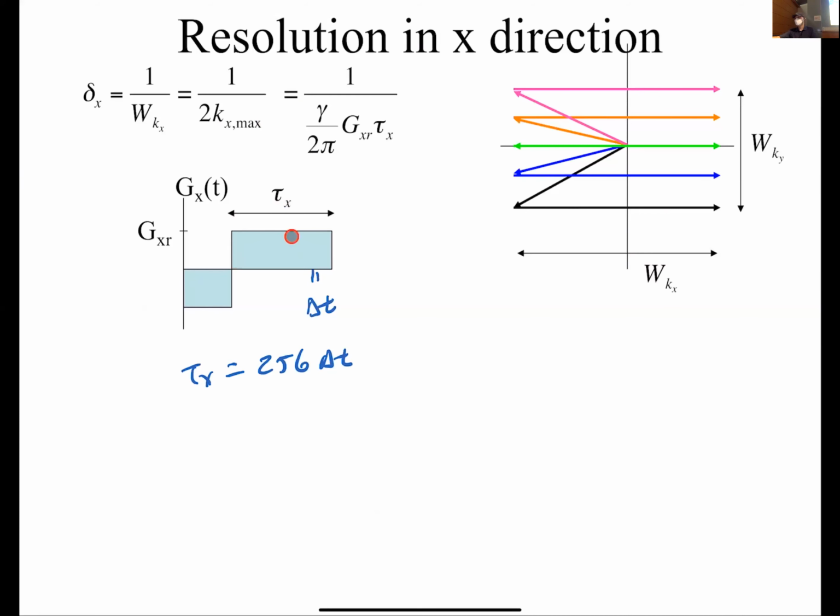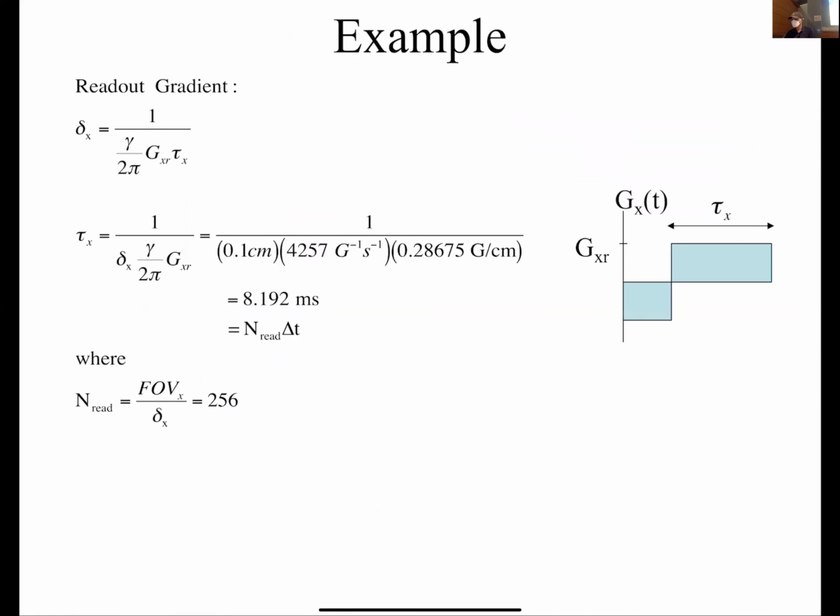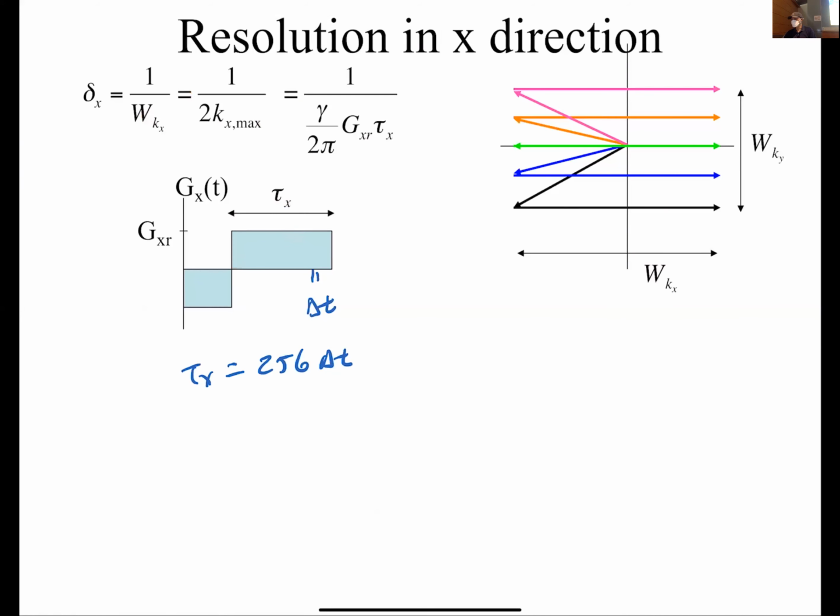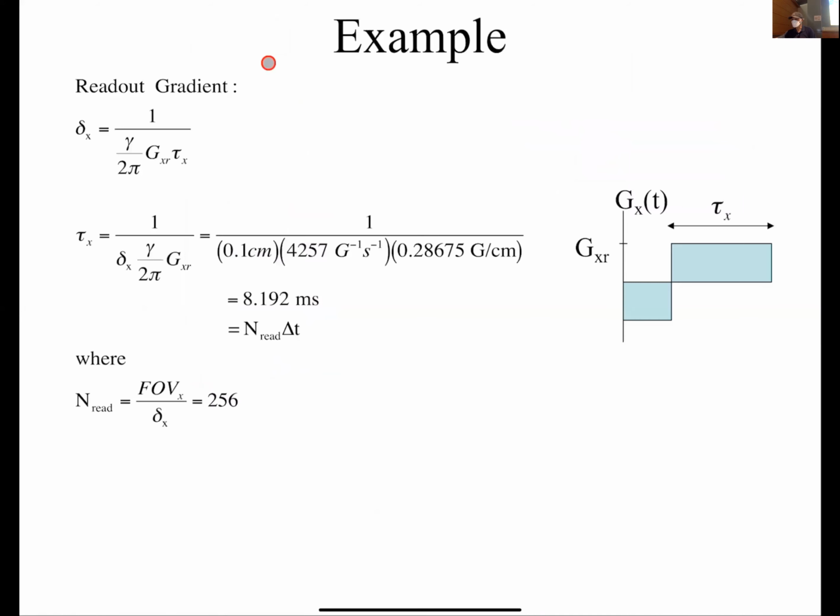So this whole area, gamma over 2 pi gxr tau sub x, will tell me what my WKX is. Therefore, delta x equals 1 over WKX. Remember, this is just WKX, the area under that readout gradient.